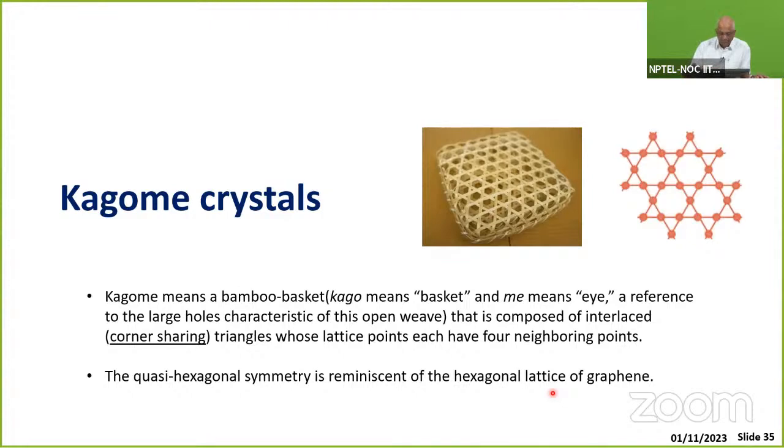You can see the triangles whose lattice points each have 4 neighboring points, so corner sharing triangles. This looks exactly like the Kagome basket. You have materials showing these triangular lattices, and this is a very exotic crystal.